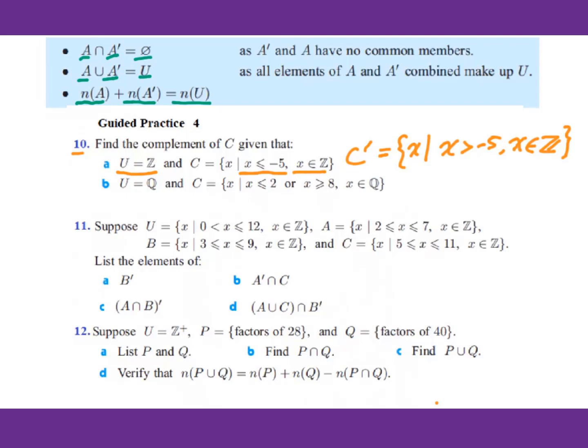For B, the universal set is the rational numbers. Set C equals x less than or equal to 2 or x greater than or equal to 8, x is a rational number.